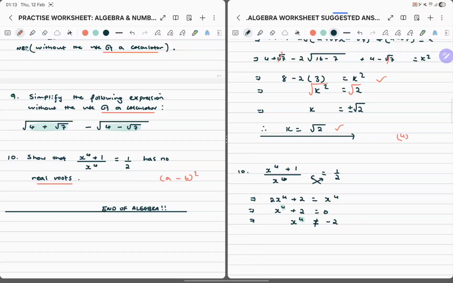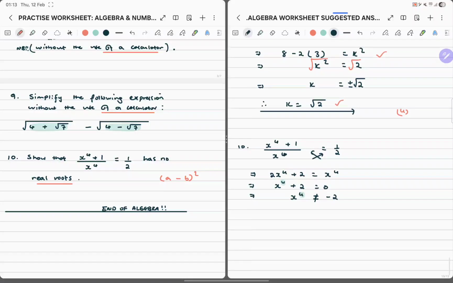Now this means there are no roots here. So we can say, therefore, there is no solution. This is another way of saying no real roots, or the roots are non-real. So the roots are non-real because we can't solve.